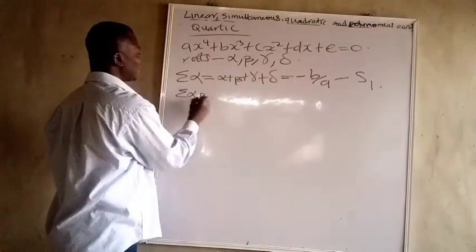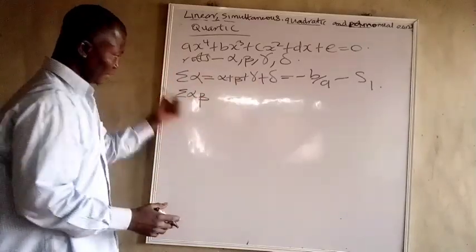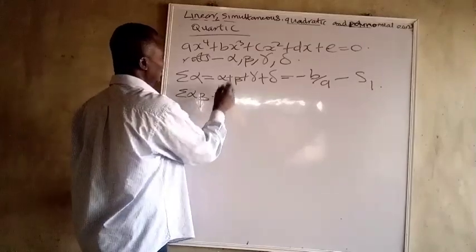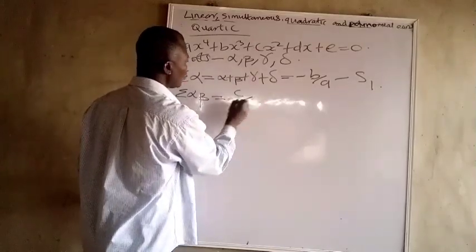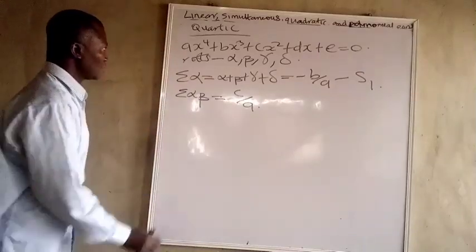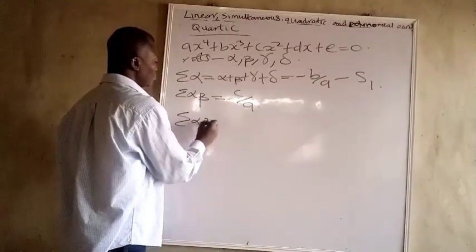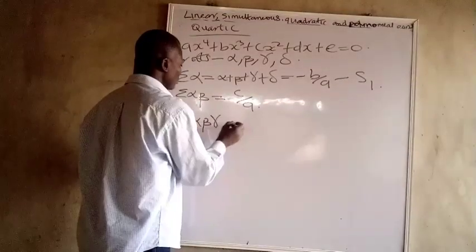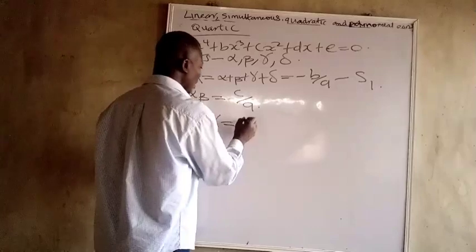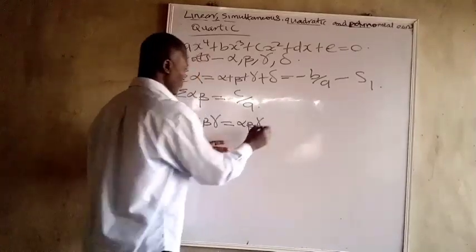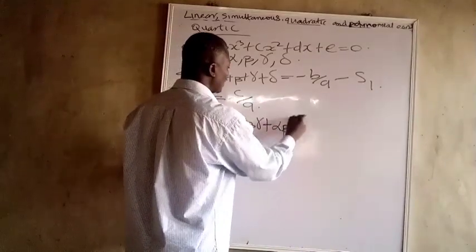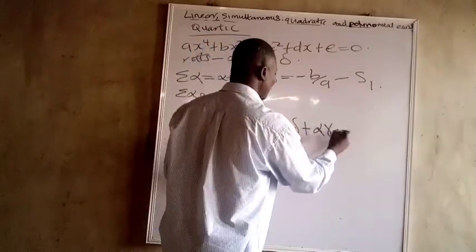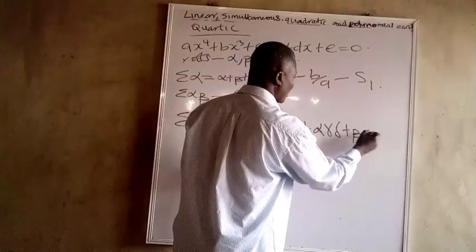For summation alpha beta, that is the sum of the roots in pairs. It applies to quadratic and cubic too. It will be c over a. For the sum of the roots in threes, that is summation alpha beta gamma, what this one means now is alpha beta gamma plus alpha beta delta plus alpha gamma delta plus beta gamma delta.